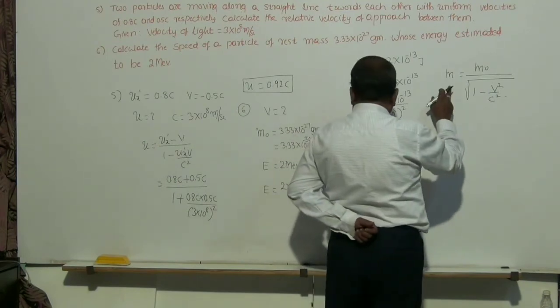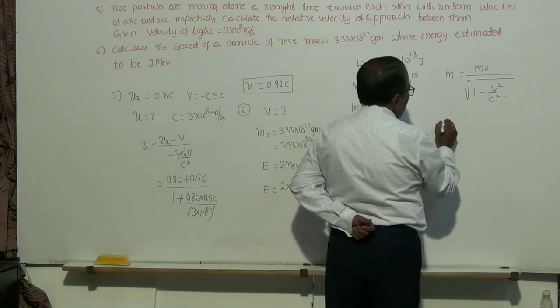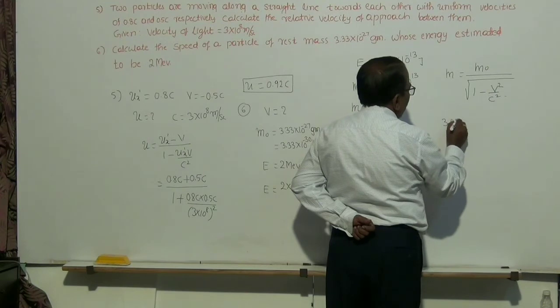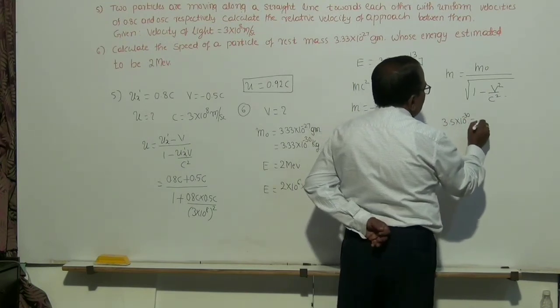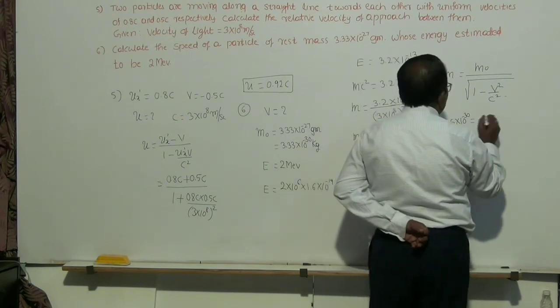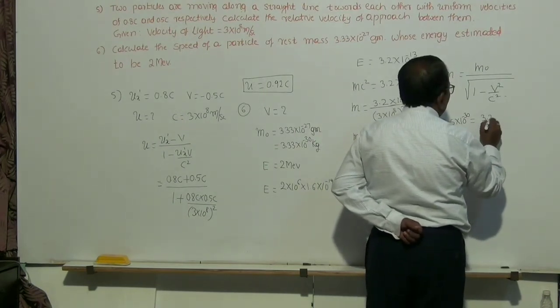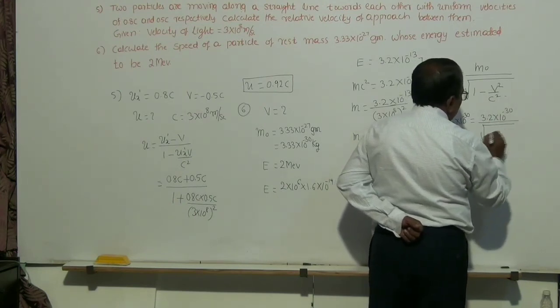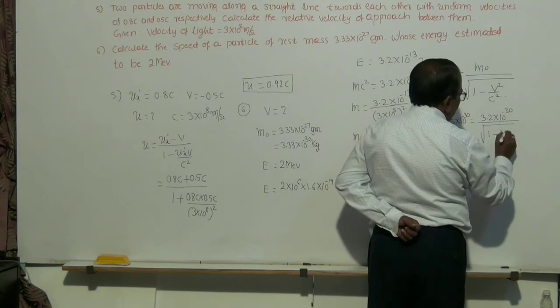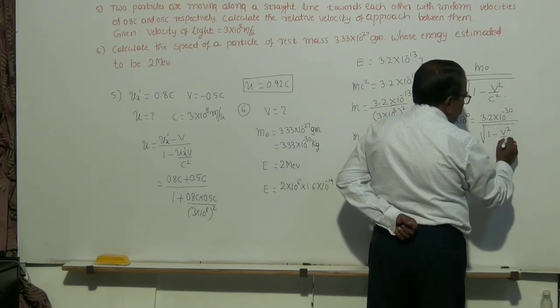Then your m is 3.5 into 10 raised to minus 30. This is m naught is 3.2 into 10 raised to minus 30 divided by square root of 1 minus v square by c square.